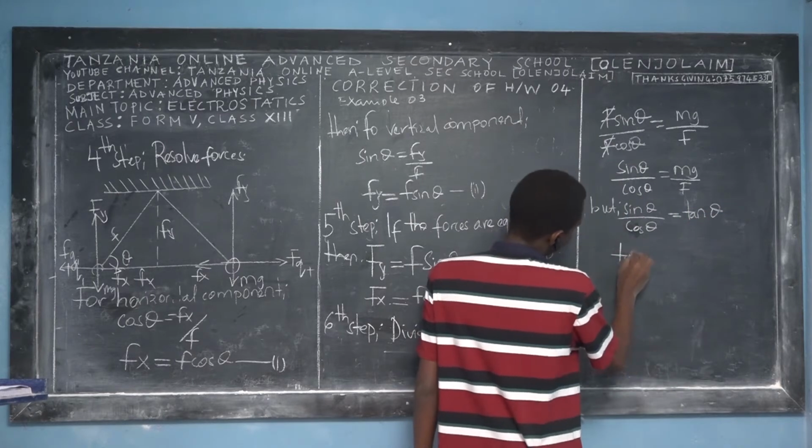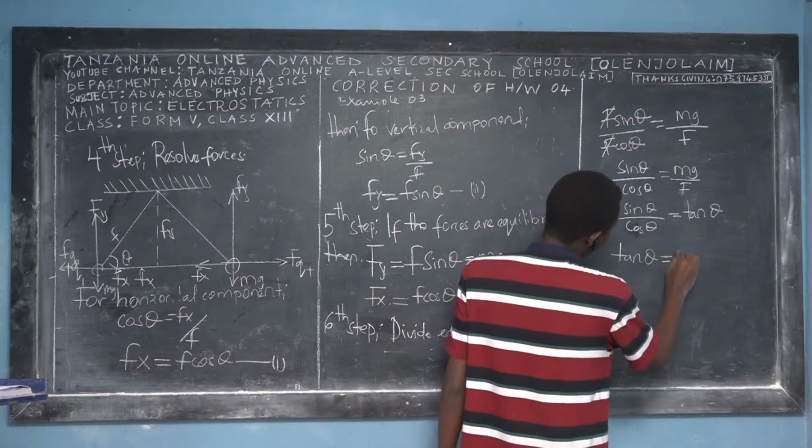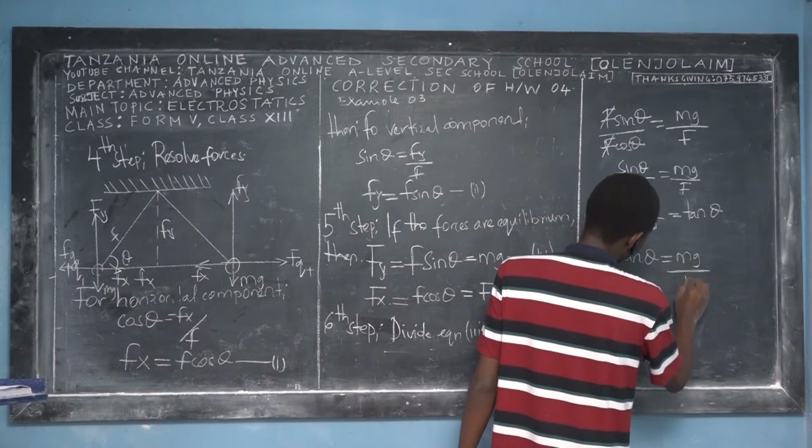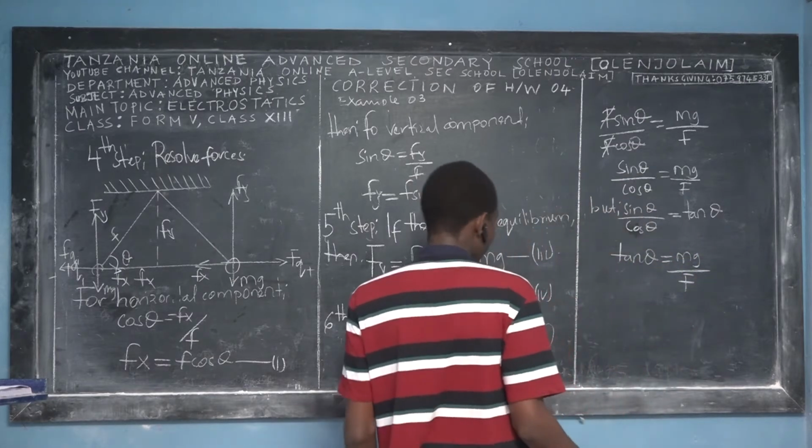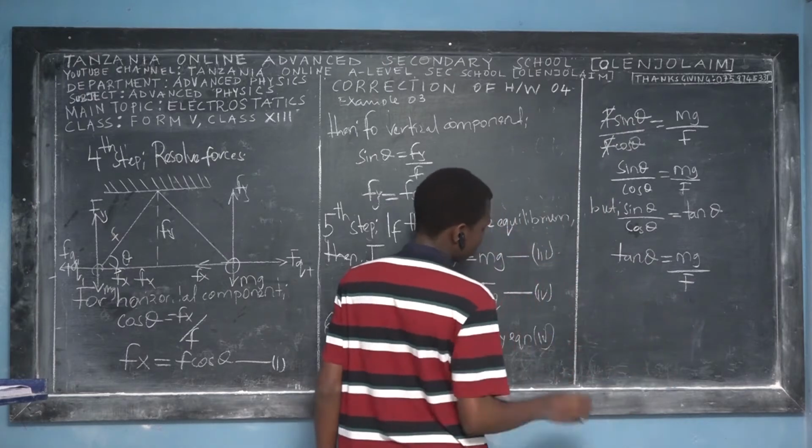So tan theta is equal to mg over F. We have to make the force the subject.